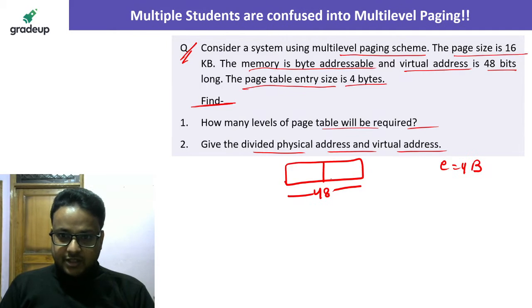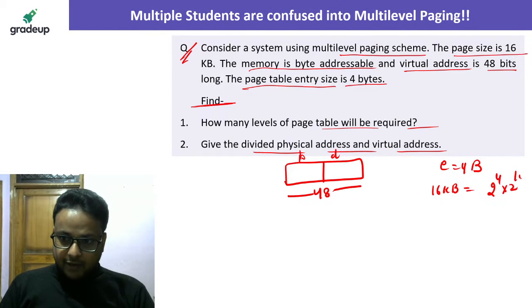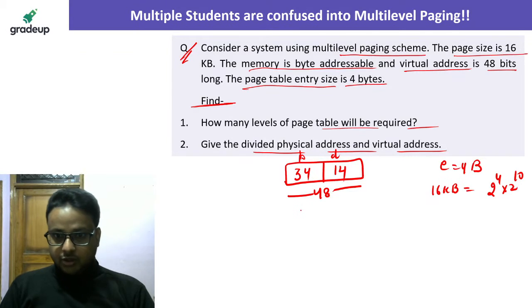Page size is 16 KB, so it will be P and D. 16 KB is 2 to the power 4 into 2 to the power 10, so that is 14 bits, and 48 minus 14 is 34. So this will be P and D.